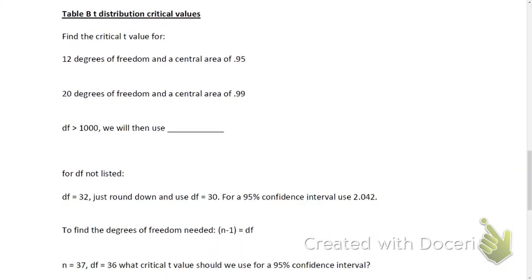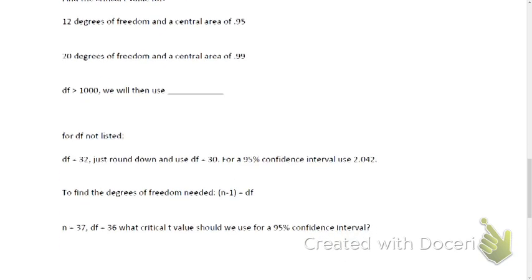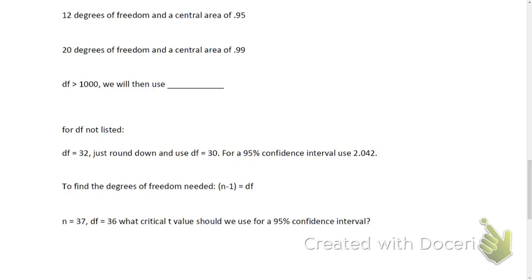You need your formula chart to look at this, and if you need to freeze the screen and go back and forth, we are looking for T. Look at the very bottom of table B, 95, and go up to the 12th row. When you do that, you should get a T-score of 2.179.